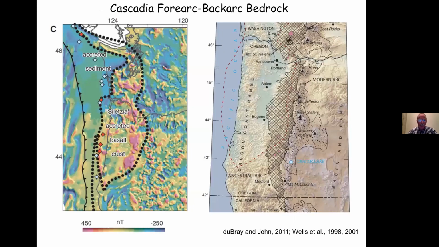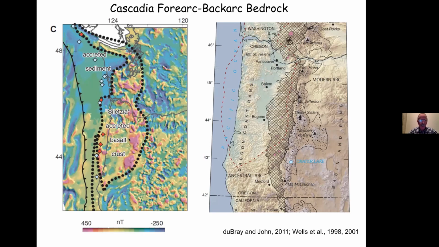The bedrock underneath this velocity field is strongly dominated by a large forearc crustal block that's often referred to as Siletzia, which on the left-hand side of the figure is illustrated by this magnetic anomaly map. Siletzia is about a 50 million year old, approximately over-thickened piece of oceanic lithosphere.